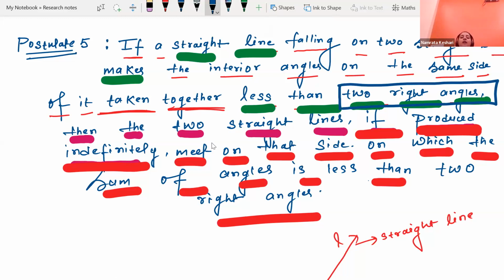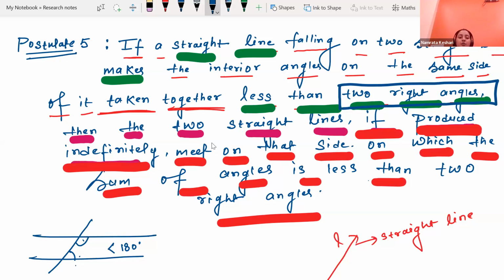Let's combine it. If a straight line falling on two straight lines makes the interior angles on the same side of it taken together less than two right angles, that means 180 degrees, then what will happen?